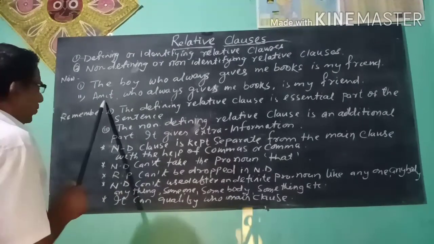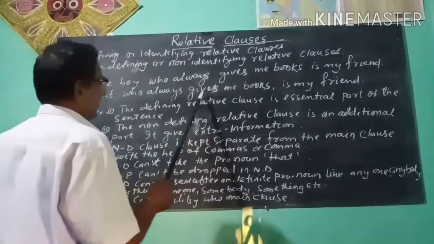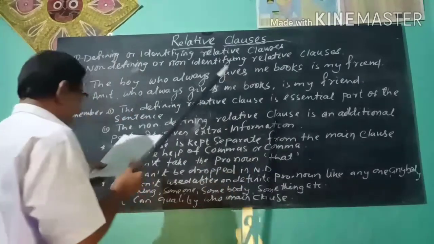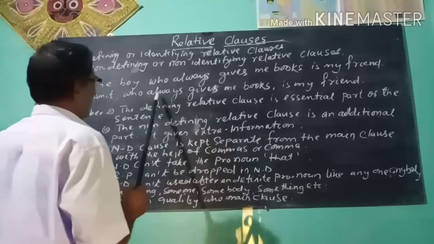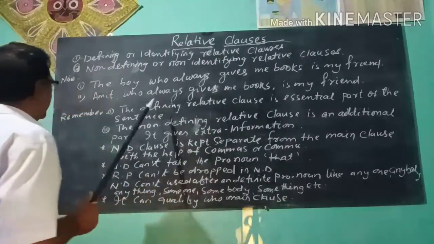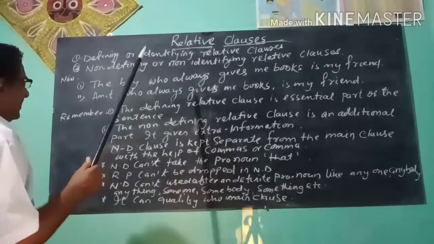But in sentence 2, Amit, who always gives me books, is my friend. The relative clause who always gives me books tells about Amit.